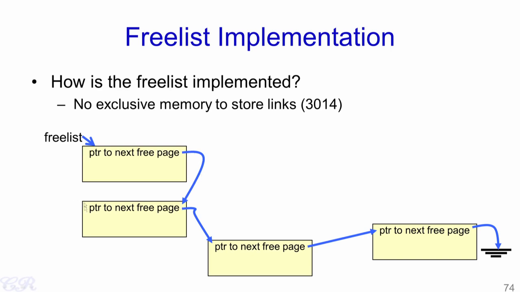In a similar way, the 0th location in the next page would contain the pointer to the following page, and so on. Thus, we are creating this list. So, the free list points to the first or the head node of the list, and then the 0th location of that node points to the consecutive page, and so on until we reach the end of the list.